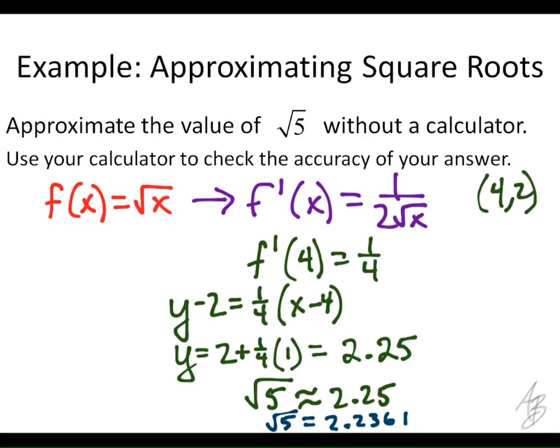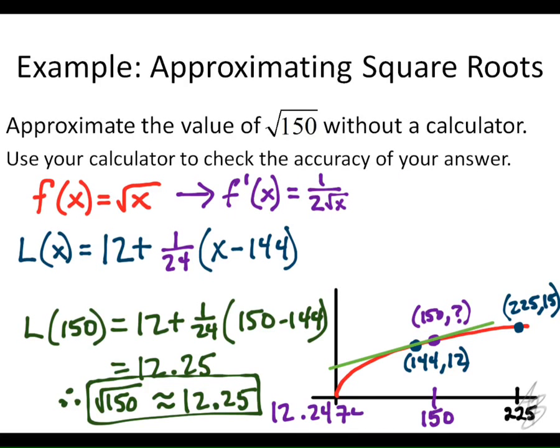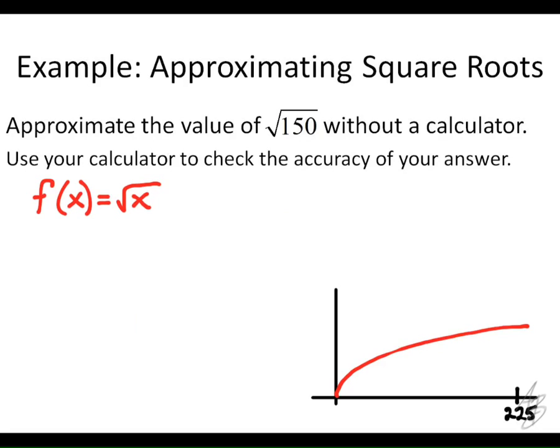So why, and let me put the graph up here, and I'm going to just go back to our last slide here. Why do we get a more accurate answer in this region here than we get in this region here?